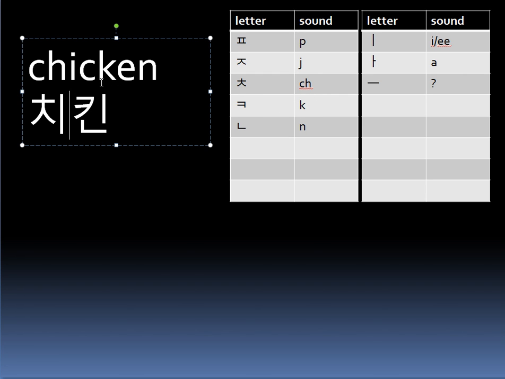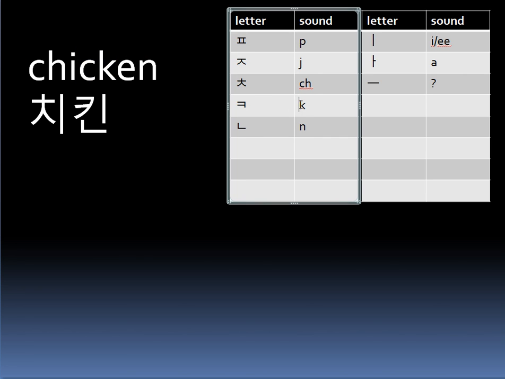Anyway, that sounds like a K sound. So in chicken, the ch sound maybe sounds like a K sound here, but I just put K here, and we know this vowel sounds like E. Now again, this consonant goes under.